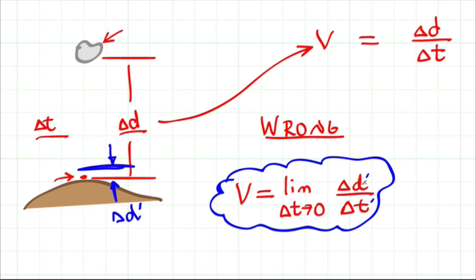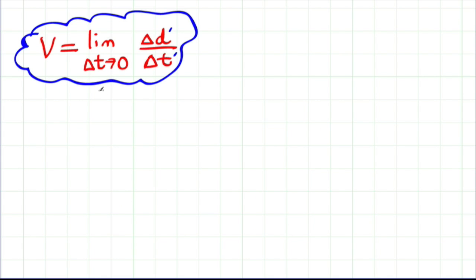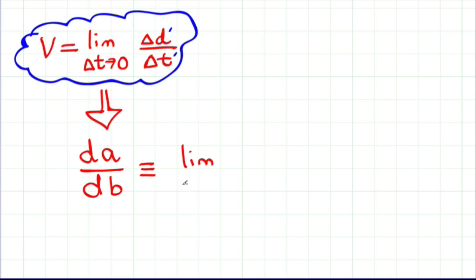A change in variable 1 divided by a change in variable 2 in the limit as variable 2 goes to 0. In this basic idea we can generalize. So the generalization, if we have the derivative of any variable a with respect to variable b, this is defined as in the limit as the amount of b goes to 0, and we take an amount of a over an amount of b.